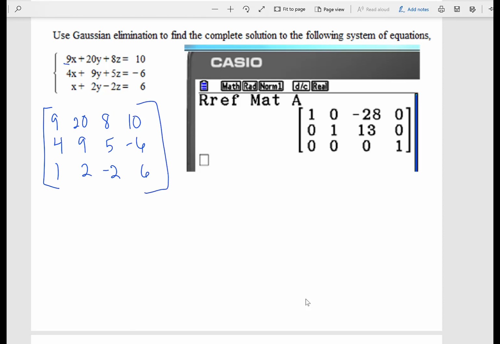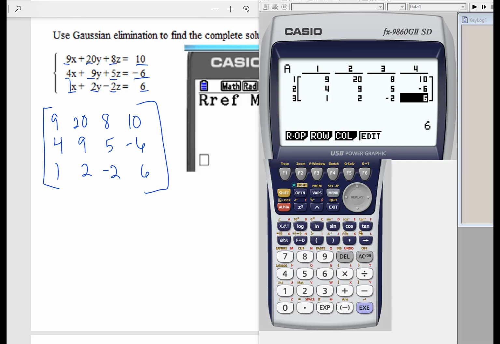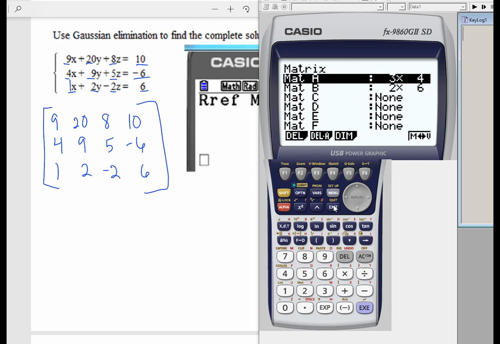And I just got that from these coefficients going across and the constants on the other side of the equal sign. All right, going to enter it into the calculator. Okay, so I entered that matrix in. Let's exit out.